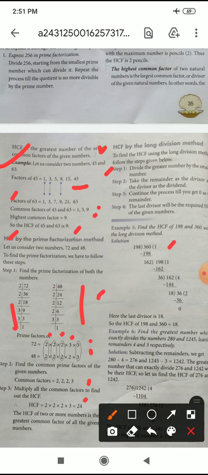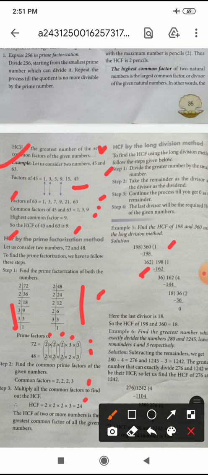Here you see, we divide first the greater number by the smaller number. Then you see, this is the quotient. Again we divide. Then this one is what? This one is the divisor of the second division. Then step 3. Continue the process till you get 0 as the remainder. Then step 4. The last divisor will be the required HCF of the given numbers.